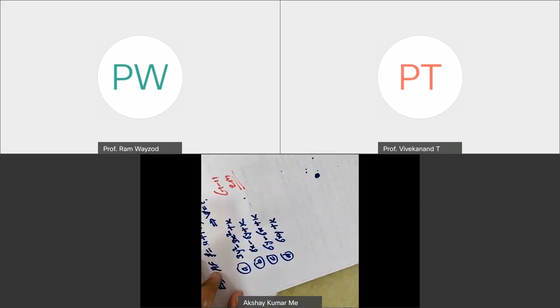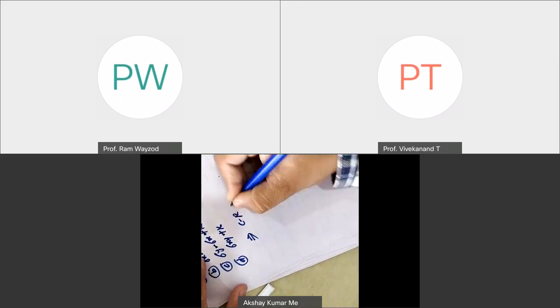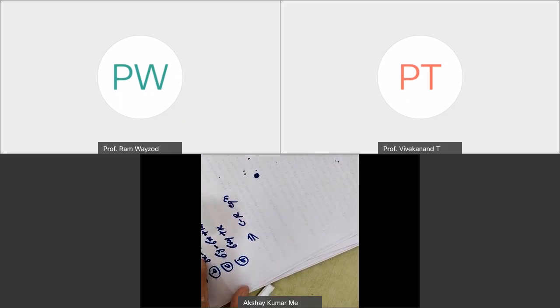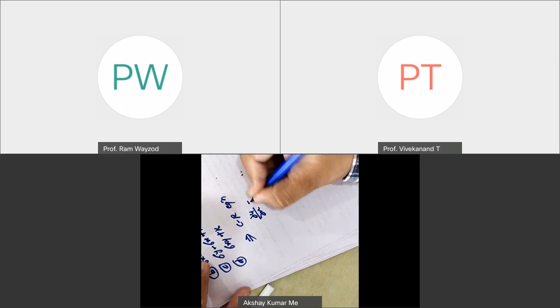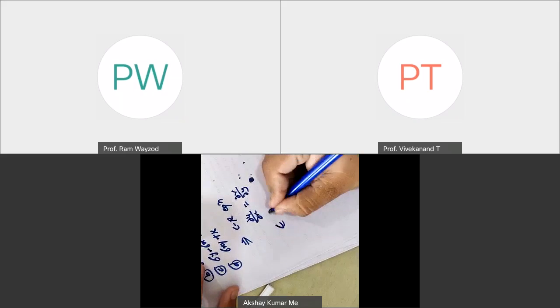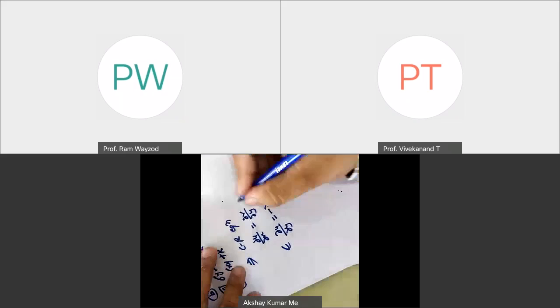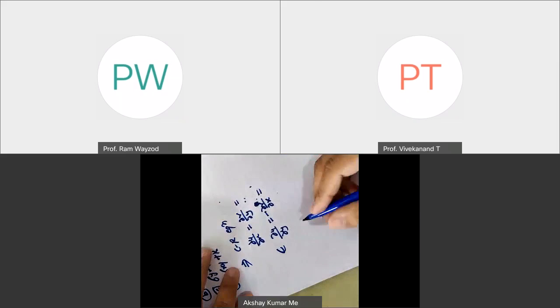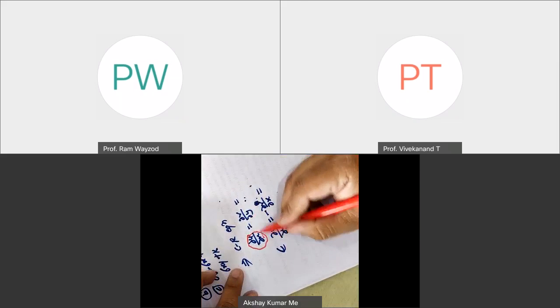So again, if we have an analytic function, it must satisfy the CR equations. The CR equations are del u by del x equal to del v by del y, and del u by del y equal to minus del v by del x. Now we differentiate u with respect to x.